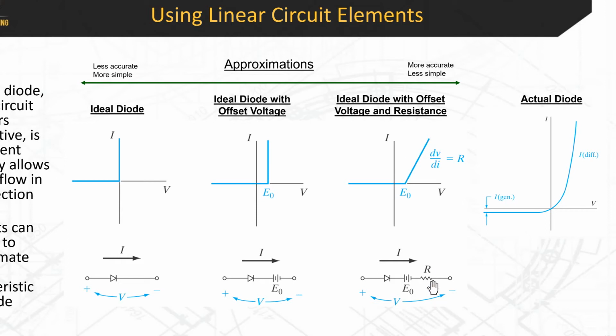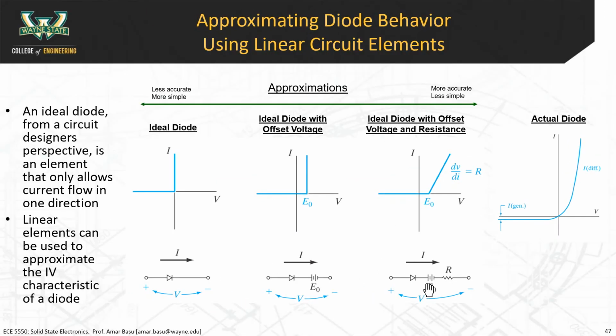Does anyone know where this series resistance comes from? Why does the diode have a series resistance? What part of the diode has that series resistance? Neutral sides. The neutral regions. That's right. So if we draw the diode, the P and the N material like this, right, we're putting a voltage across it like this.